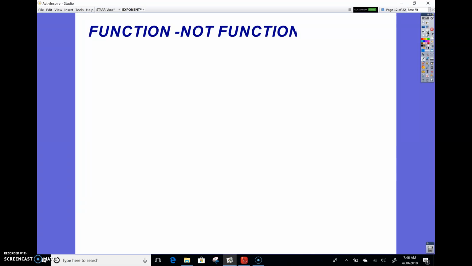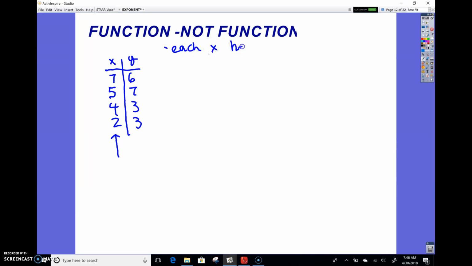Okay, next kind of problem is function, not function. Remember, with function, not function, a function is when you're just looking at the x.